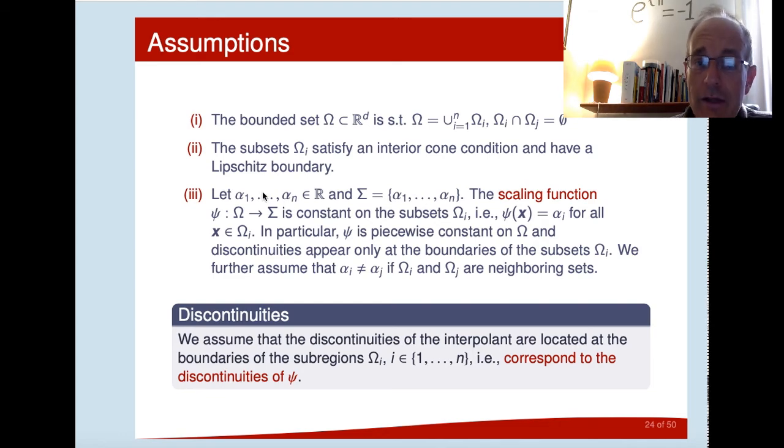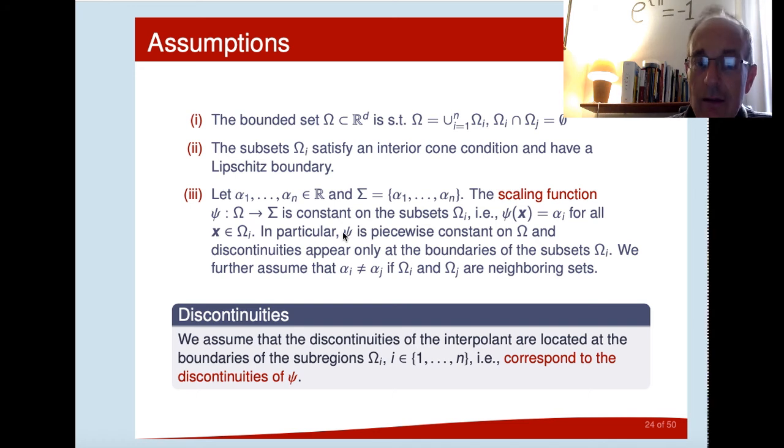Then we take the jumps. So the jumps are actually the values assumed by the scaling function. So the scaling function now is defined in omega to this set sigma. This set sigma is such that psi of x is equal to alpha i for all x in omega i.